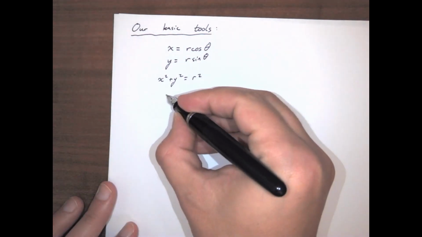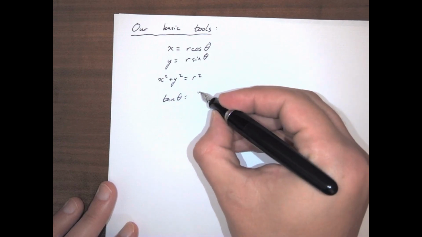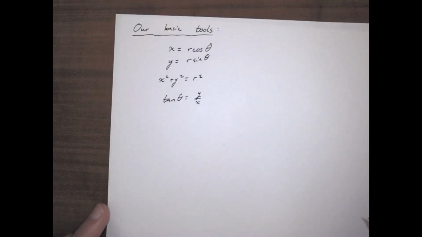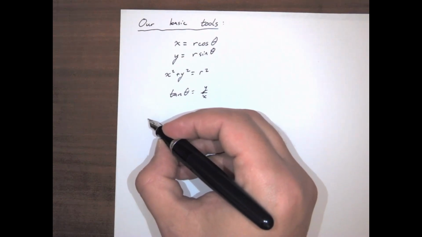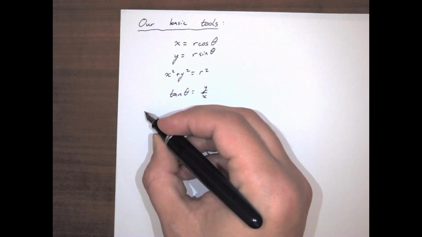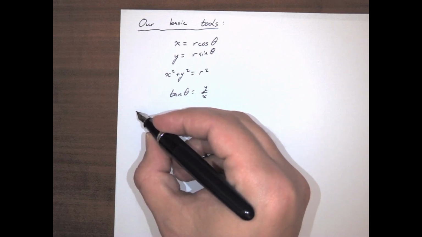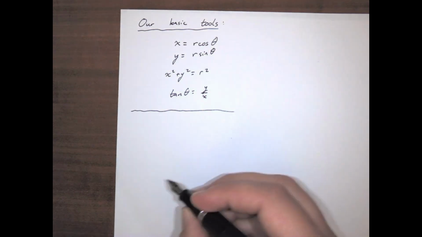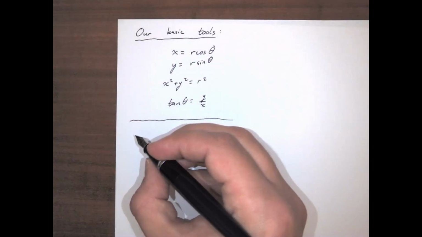And then finally, tangent of theta is equal to y over x. We use these tools to basically find and replace basic phrases in one coordinate system by the basic phrases of the other. And then sometimes that means we might have to do some manipulation of both sides of the equation in order to make it fit these patterns.